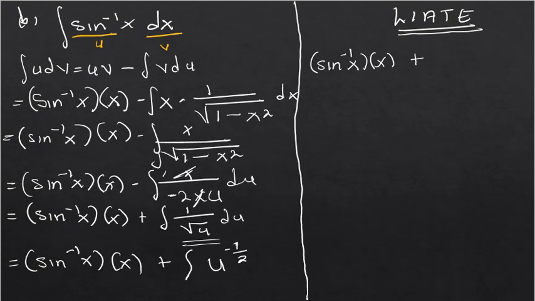Of course, remember we left our negative, so it's going to be 1 over 2, and that is going to be the integral of open bracket 1 over 2.